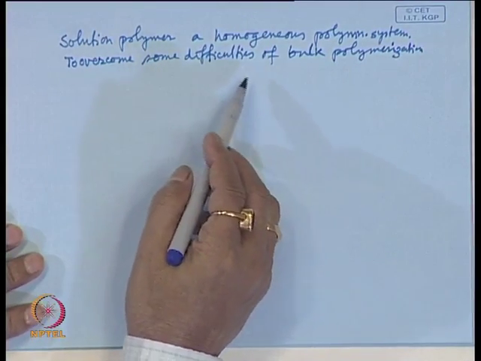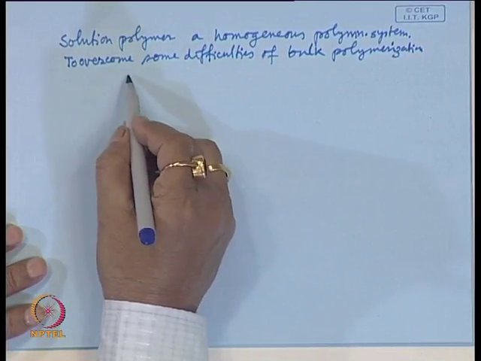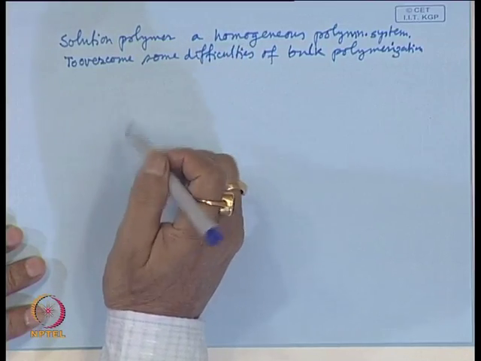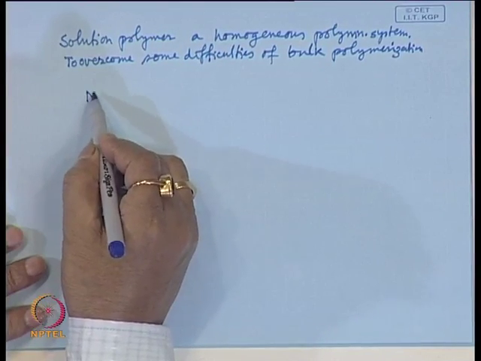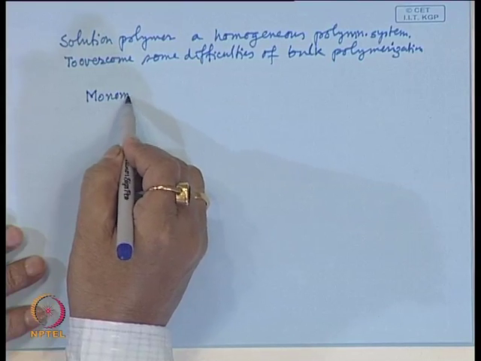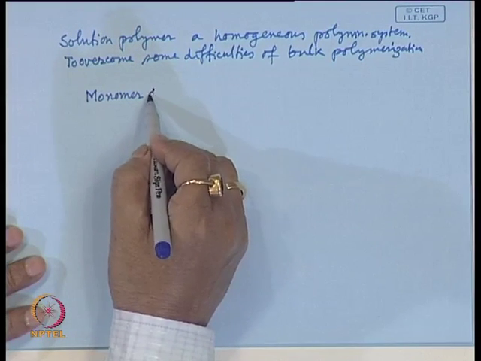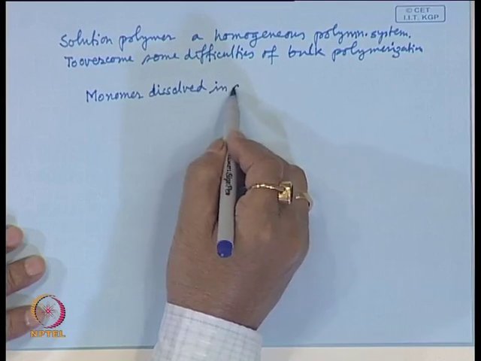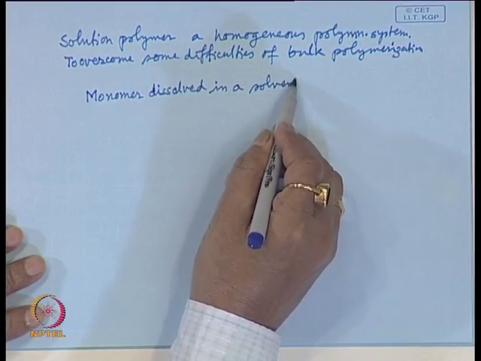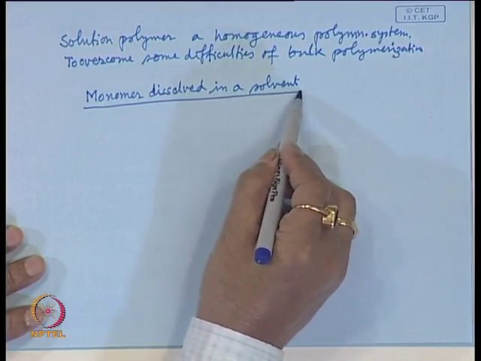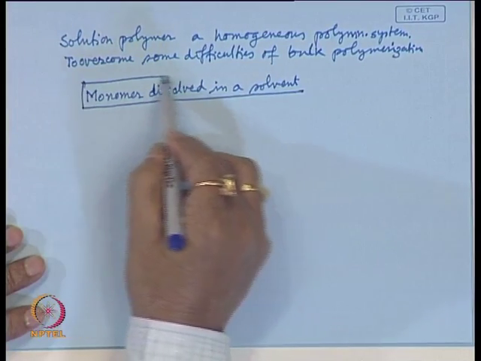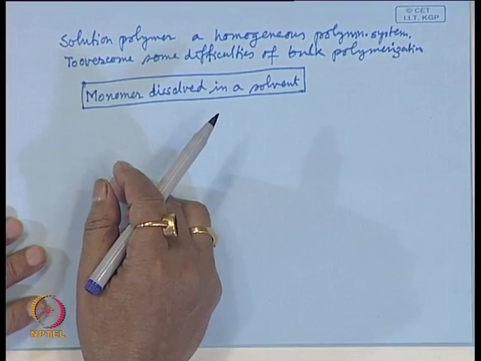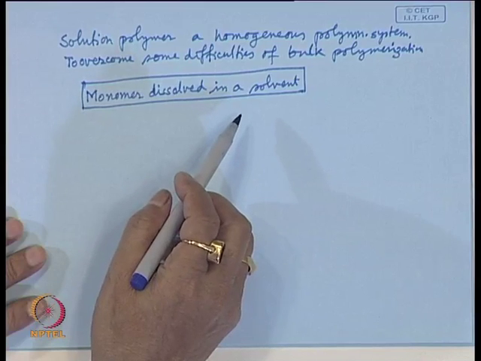To overcome some difficulties of bulk polymerization, the solution polymerization technique is followed. What is this? Here the monomer is dissolved in a solvent. Monomer may be a solid or a liquid. So, you take a monomer solution in a suitable solvent.